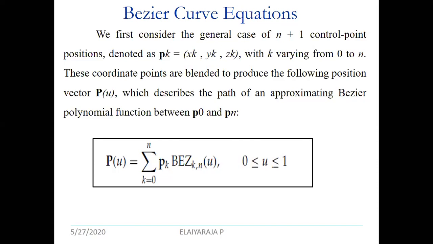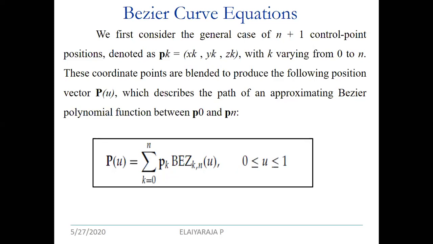So for that we are using the Bezier curve algorithm, which was created by Pierre Bezier in the 1960s, so it is named the Bezier curve. In the Bezier curve algorithm, the curve is decided based on the control points, and here we use a polynomial function, where the degree of the polynomial function is decided by your control points.